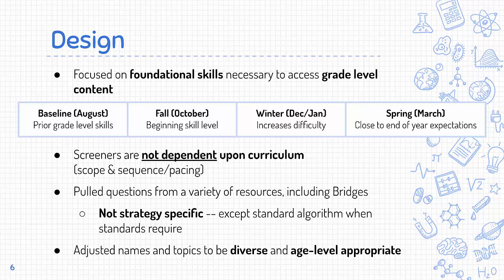The screeners are not dependent upon curriculum scope and sequence. The team pulled questions from a variety of resources, including our current math adoption. They are not strategy specific except when the standard algorithm is required. We have also adjusted names and topics to be diverse and age level appropriate.